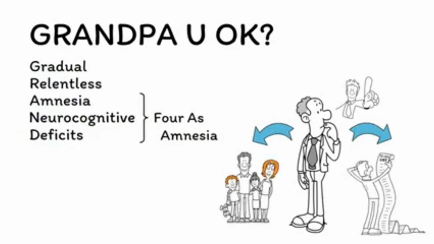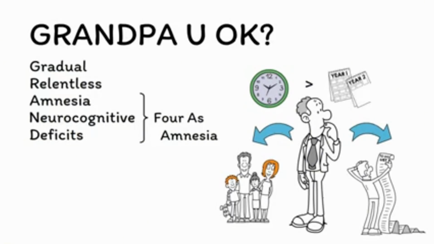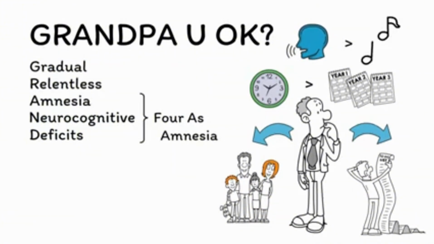In addition, short-term memory, involving things that happened within the past several hours or days, like what you ate for dinner last night, is affected earlier and more severely than long-term memory, such as where you grew up or went to school. Finally, explicit or declarative memory, which involves consciously recalling specific facts or events, like which friend you ran into at the store yesterday, is affected more often than implicit or non-declarative memory, which instead involves things outside your conscious awareness, like being able to sing the melody of the happy birthday song.